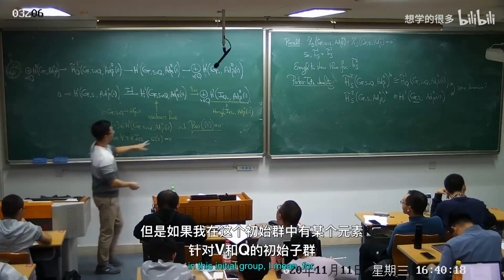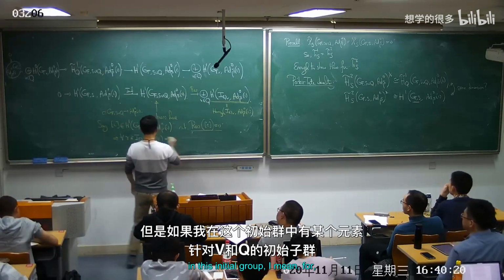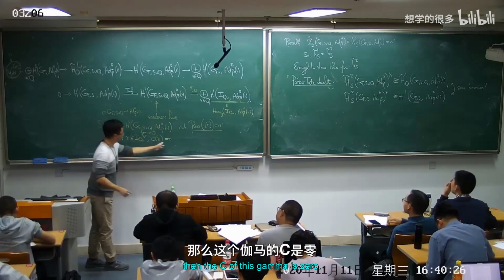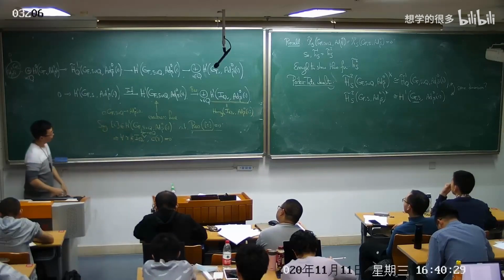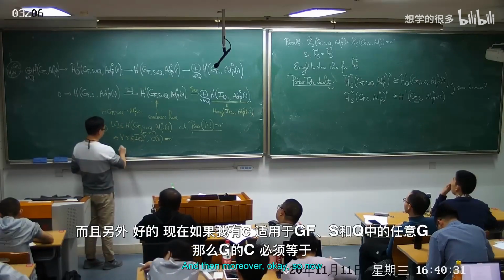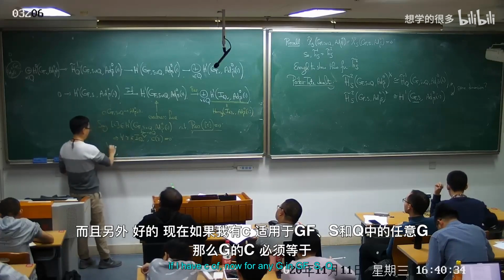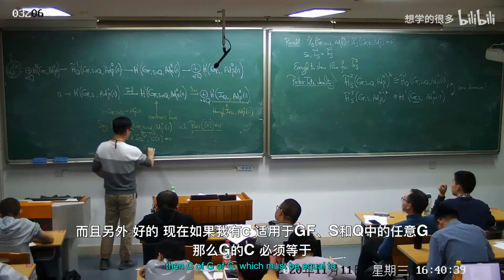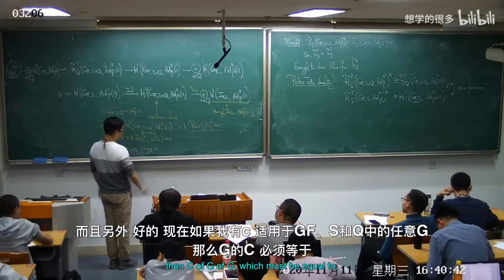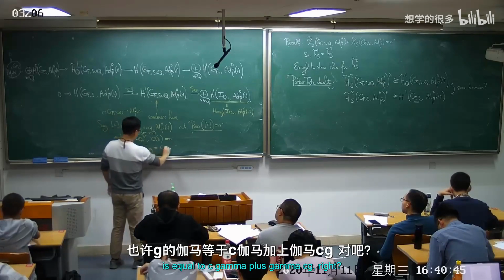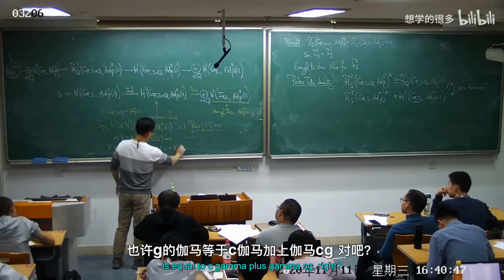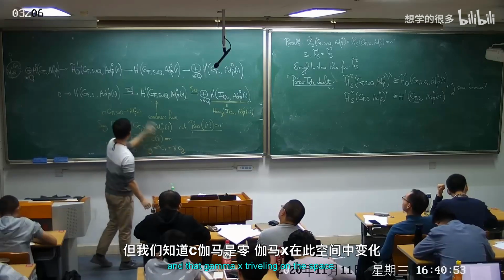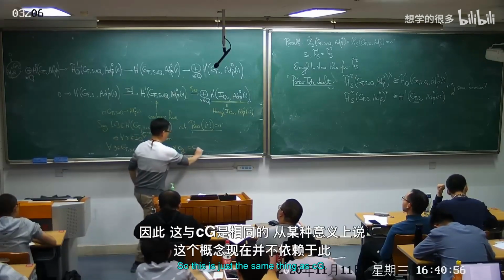But if I have some element gamma in this inertial subgroup at Q, then C of this gamma is 0. And moreover, for any g in G_F, C of g gamma, or maybe gamma g, is equal to C gamma plus gamma C g, right? But we know that C gamma is 0, and gamma acts trivially on this space. So this is just the same thing as C g.